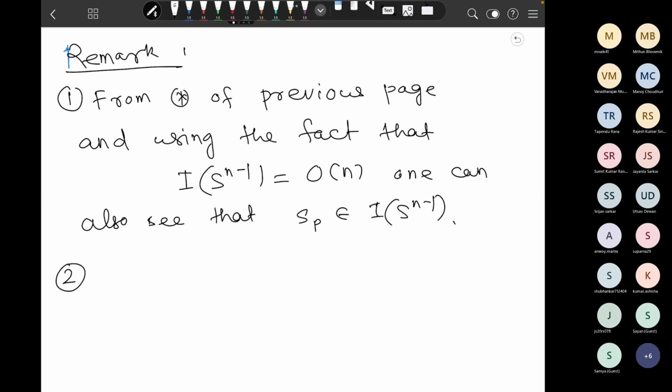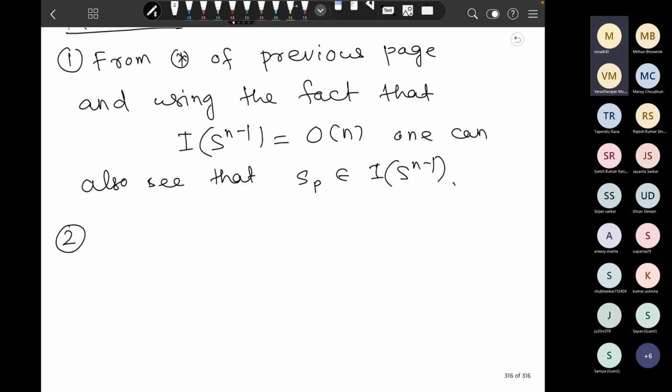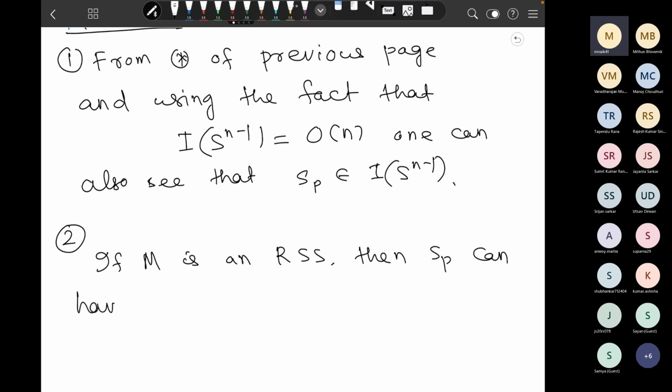Second thing, actually I want to say that if M is an RSS, then SP can have more than one fixed point.